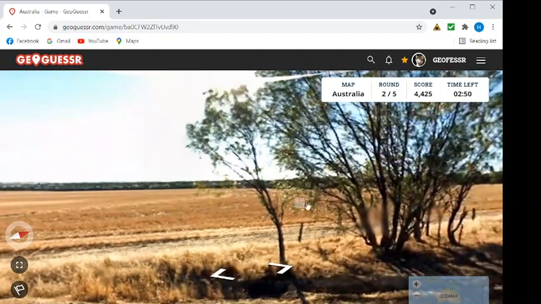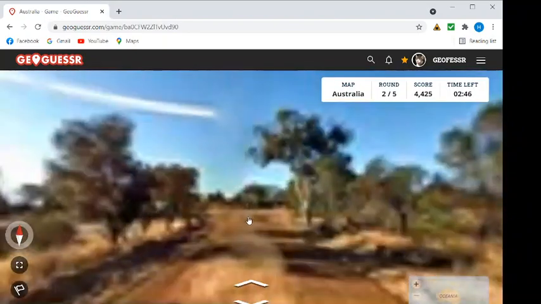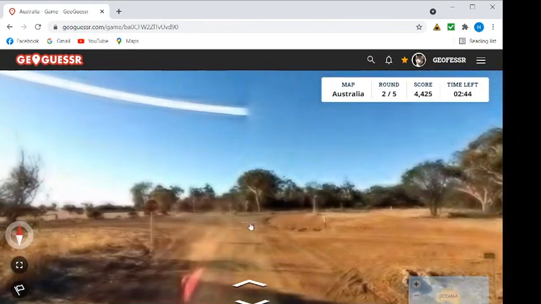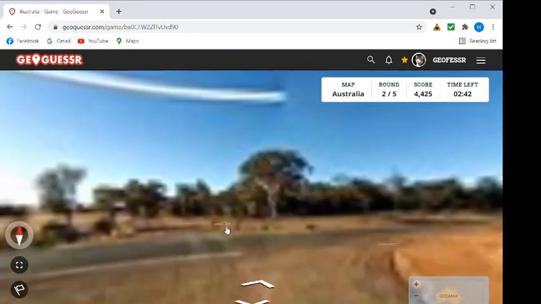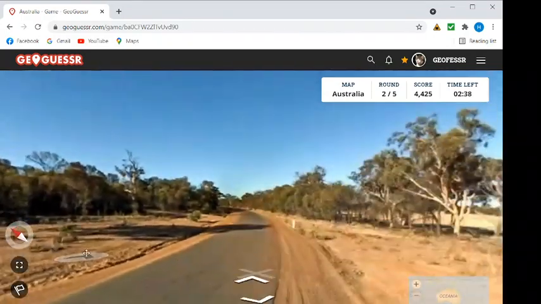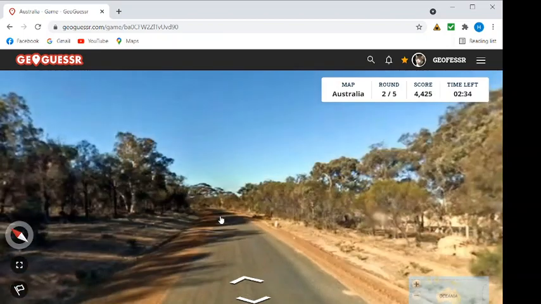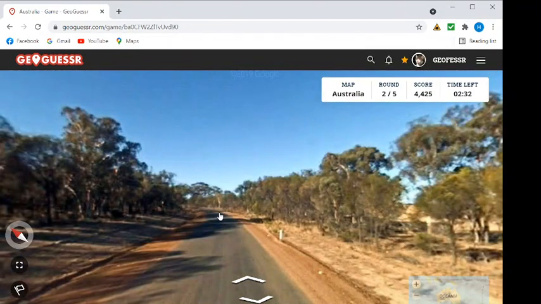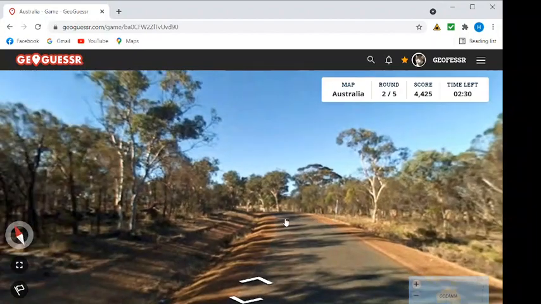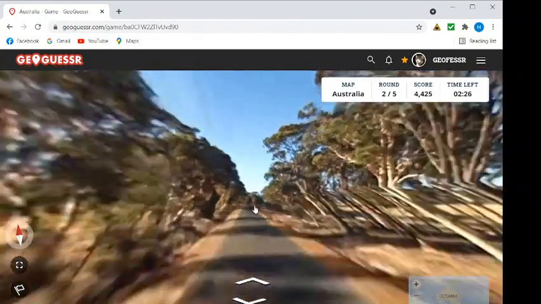Yeah, so again we have indeterminate interior Australia, bad coverage. Okay, so we walked onto pavement. Yeah, it looks like this area again is deep countryside.